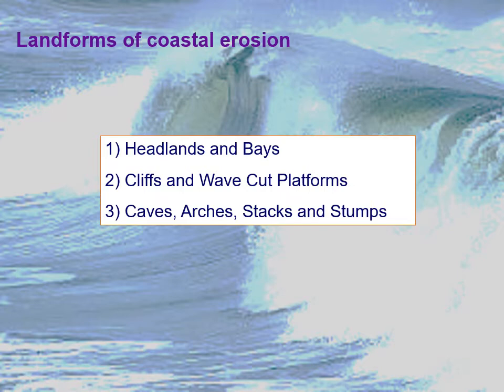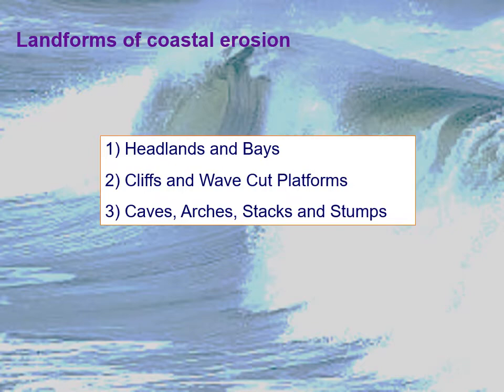These features are grouped under one heading because these processes are mutually related. Headland is related to bay, cliff is related to wave-cut platform, and these four are mutually related to each other. So overall these features are subgrouped into these three headings.